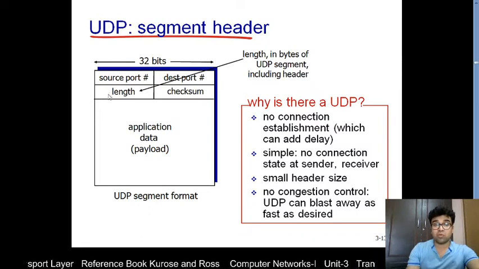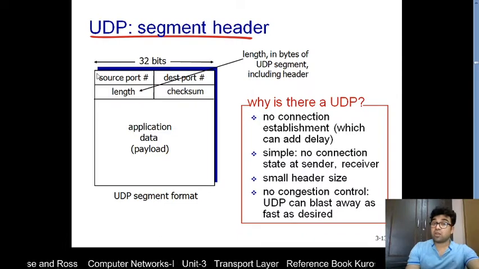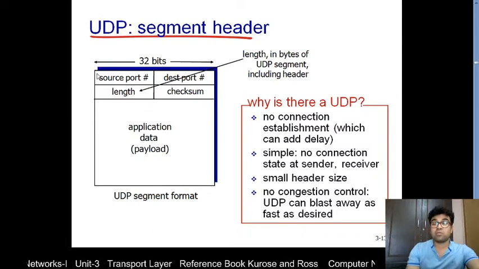This part is the UDP header, and this is the DNS query. So this source port number would be the port number of the client-side process, and that process is DNS, the domain name system application, running at the application layer.